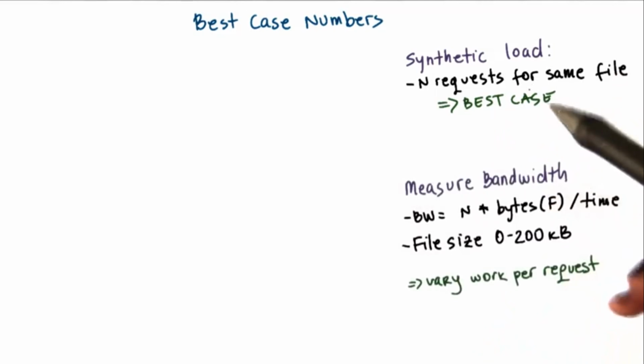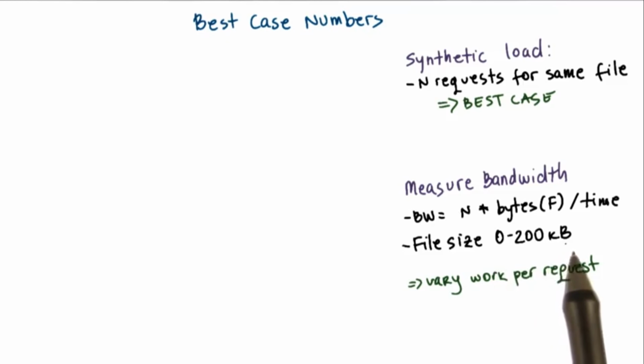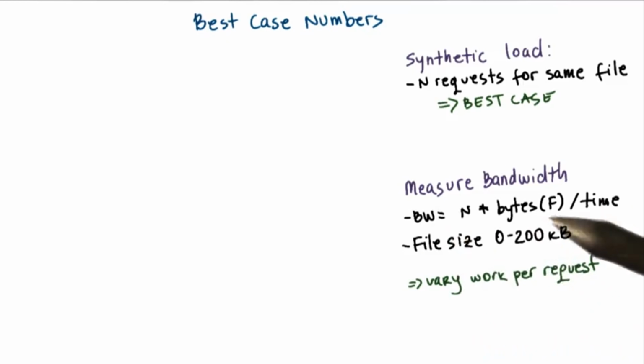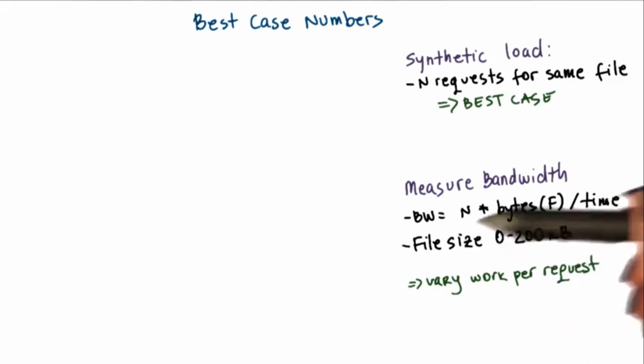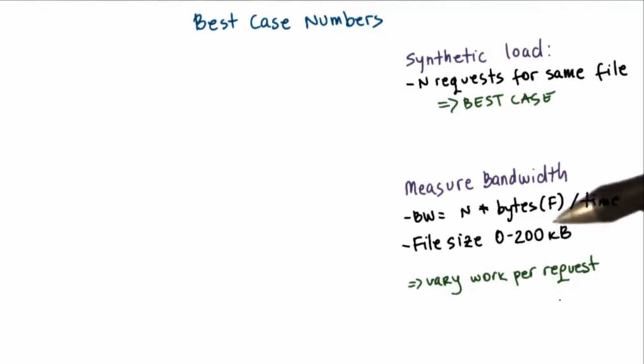So for the best case experiment, they measure bandwidth. They vary the file size from 0 to 200 kilobytes, and they measure bandwidth as n, the number of requests, times the file size, over the time that it takes to process the n requests for this file. By varying the file size, they vary the work that the web server performs on each request, but also the amount of bytes that are generated on a request.